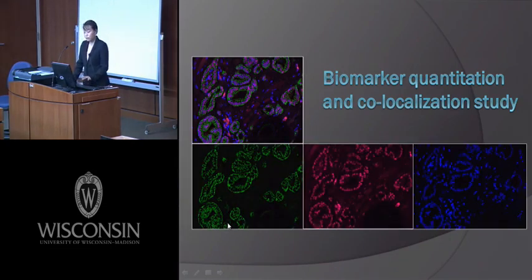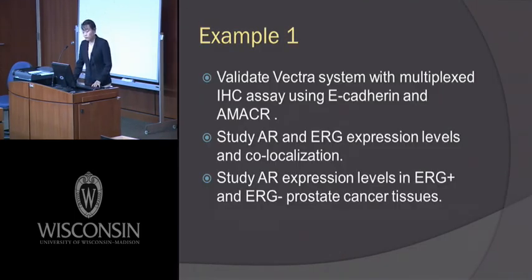I'm going to give you several examples that have been done in the TRIP lab. In the first example, we did validation of a vector system with a multiplex IHC assay with E-cadherin and AMACR. These two markers are known prostate cancer markers. We also studied AR and ERG expression levels and co-localization.